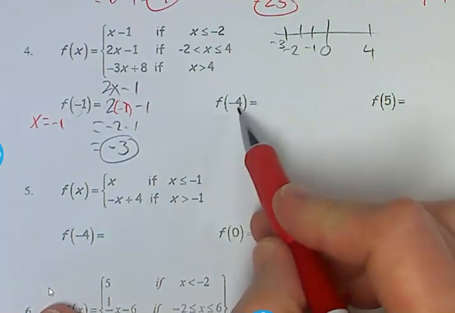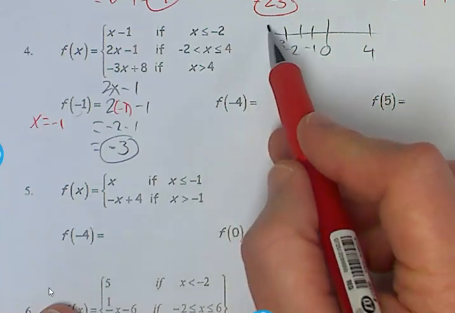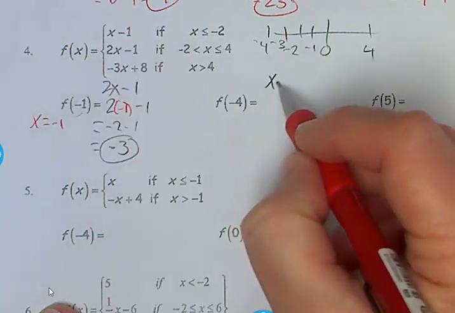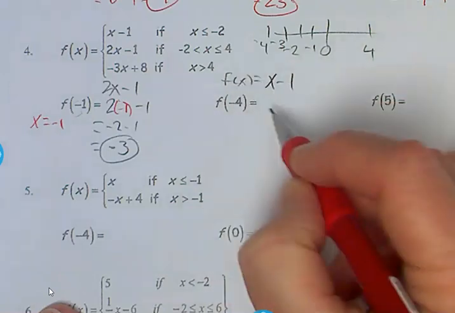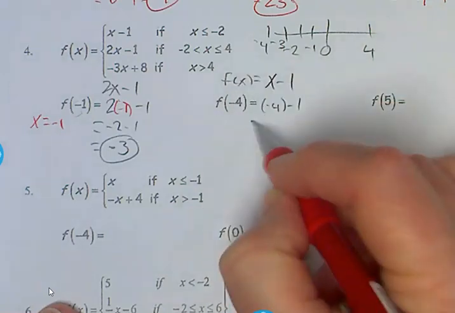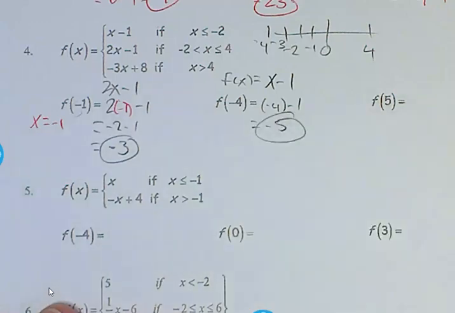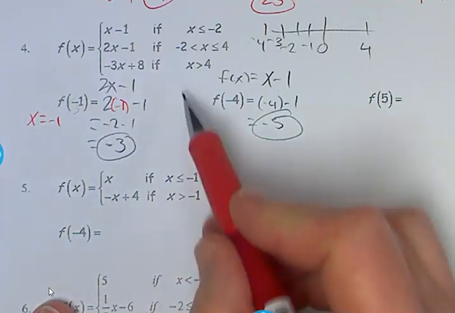Okay, so we got -4. -4 is definitely out here somewhere. That is definitely less than -2, so that means we'd be using the x minus 1. So that's -4 minus 1, which should just be -5. Okay, and then x greater than 4.